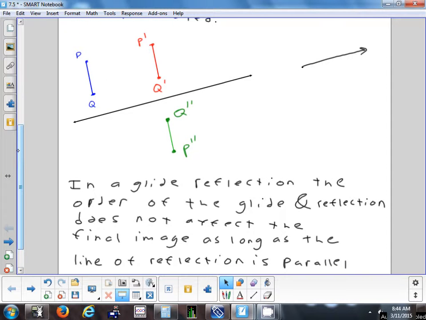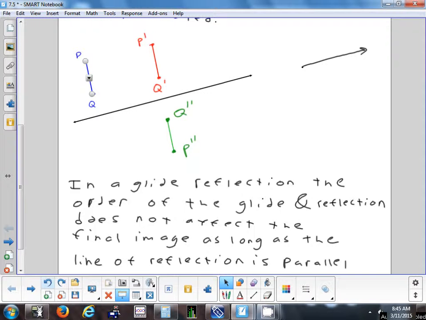Just imagine this one. Take PQ and reflect it first. It would end up down here. And then translate it. It would end up right there. It's exactly the same as translating and then reflecting.